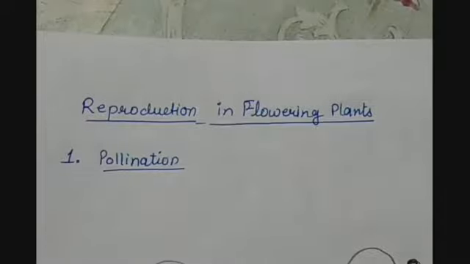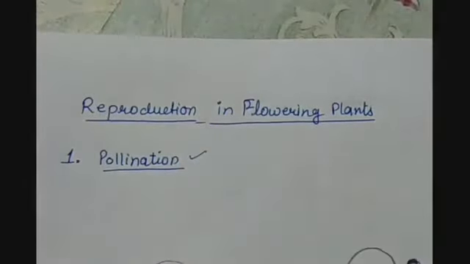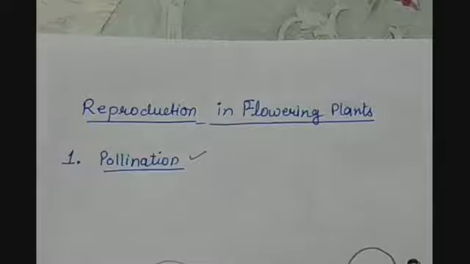We have understood where inside the flower of a plant the female and male sex cells are present. So let us see how this process takes place inside the flower. The first step of it is pollination. What do you mean by pollination? Pollination is the transfer of pollen grains.